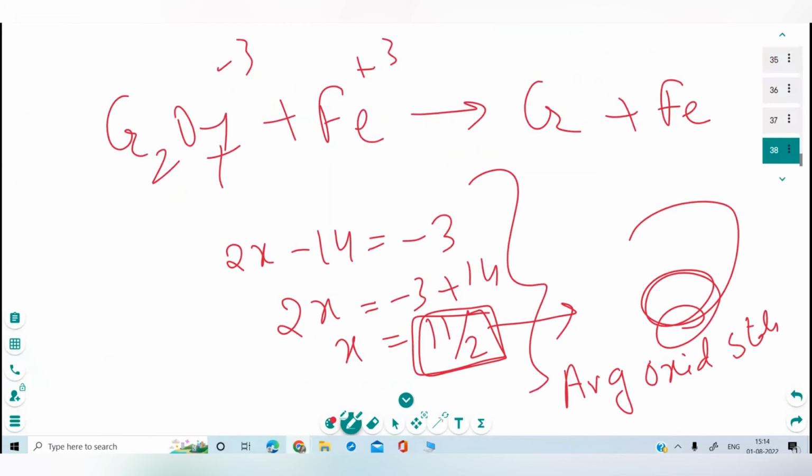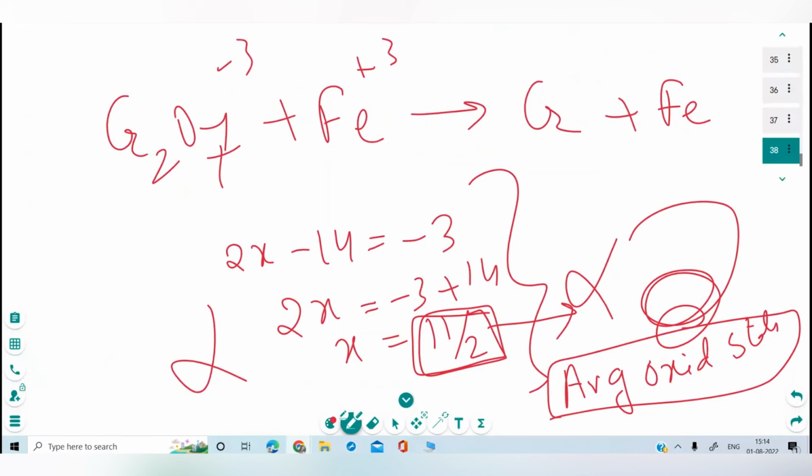So do you want your equation to be in this state? No. So obviously you will say, okay, I took 3, but I'm getting x as 11 by 2. That means it is wrong.